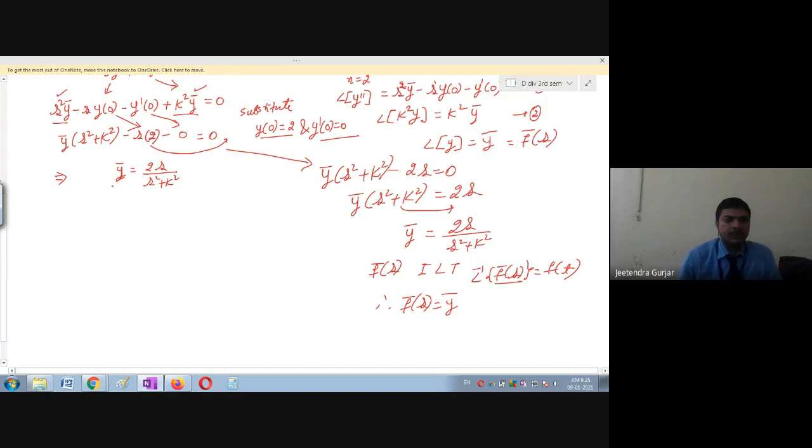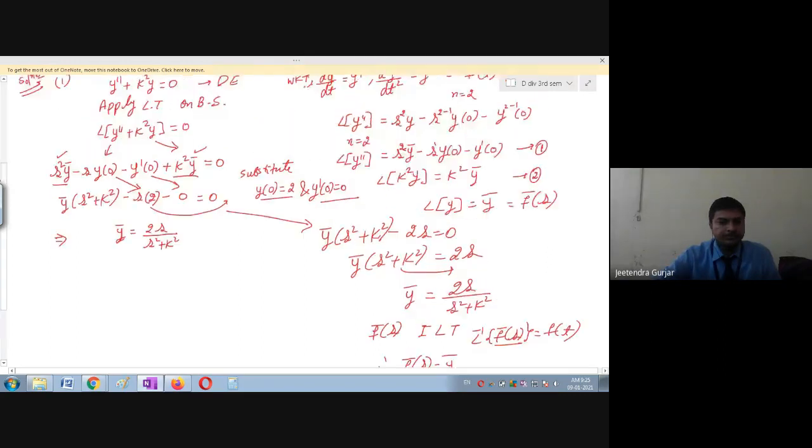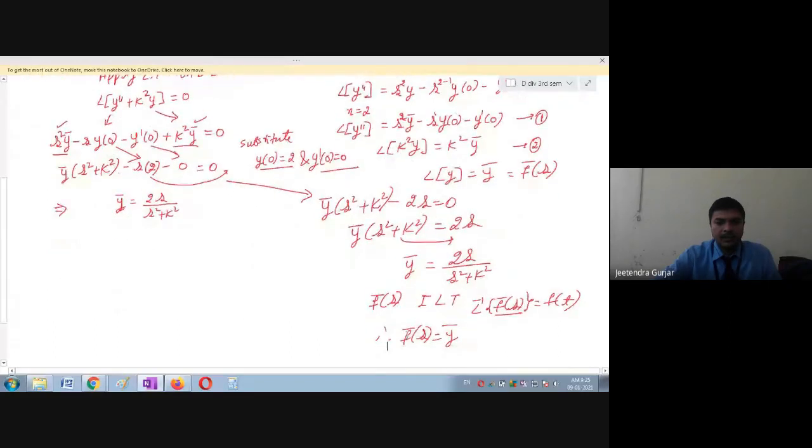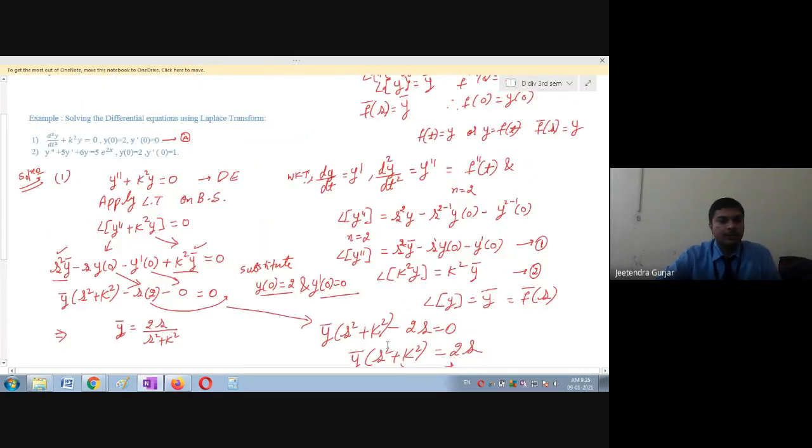So this one step is increased. What is that? You have to take the given differential equation and find f dash of s. This is the first step in derivative. Please remember, note it down, students. Very, very important. After finding f dash of s, then and only then can you apply the formula.